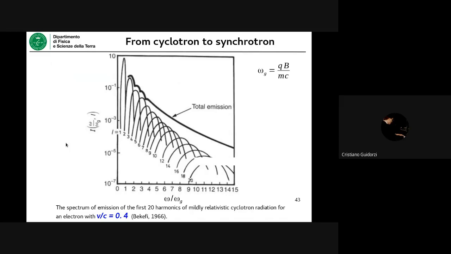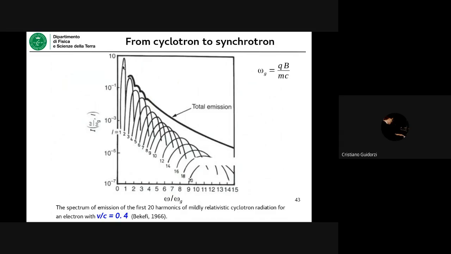The resulting spectrum is something in between the discrete spectrum, with the fundamental and a few harmonics, and the continuous spectrum of synchrotron radiation. Here, this is a log-log plot. You have the contribution of 20 harmonics.